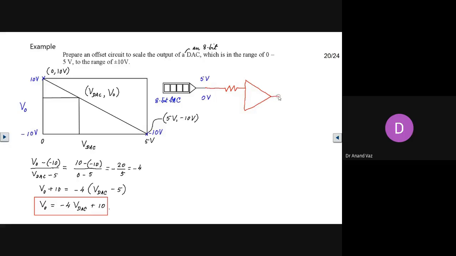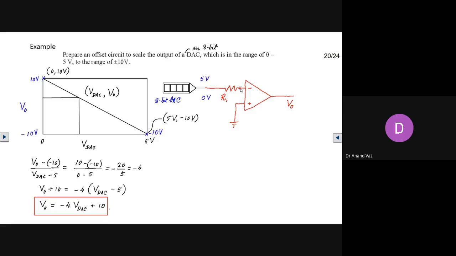So we have the operational amplifier. This is going to be our output voltage. Let's say this is R1, and this is connected to the inverting end, and at the non-inverting end we are going to ground it because we are using an inverting configuration.